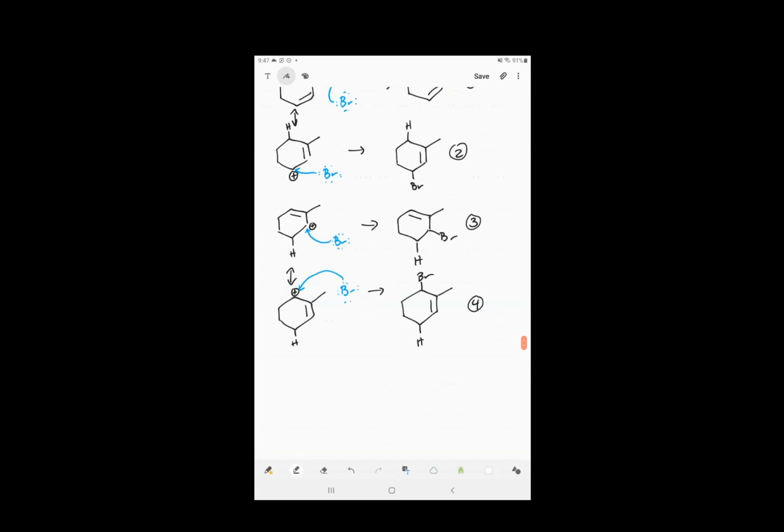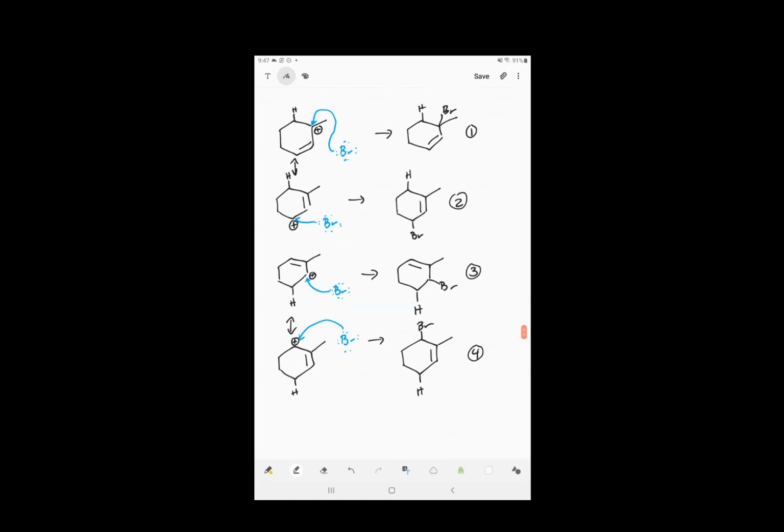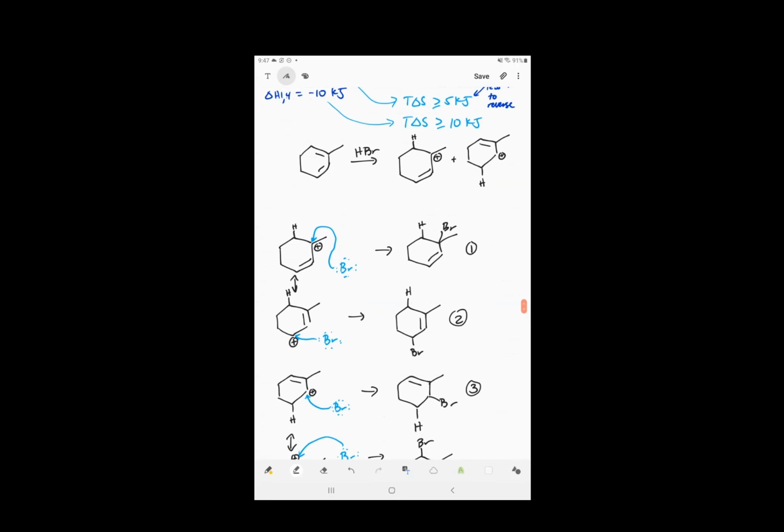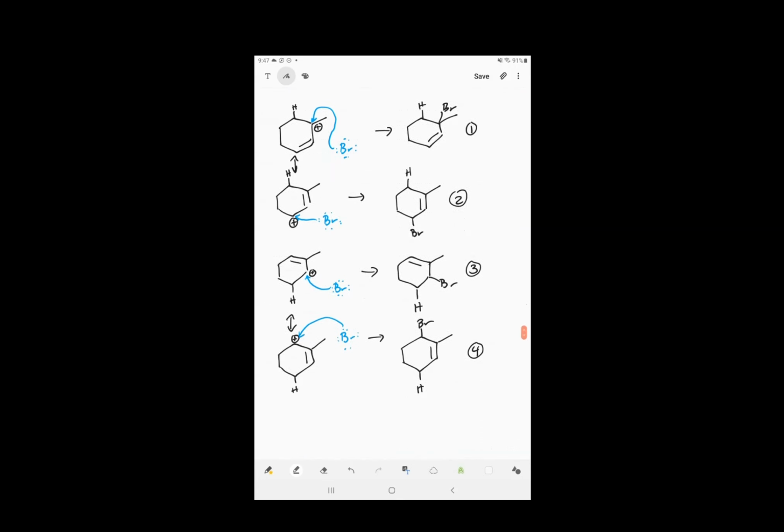Will this give me all 4 at once? Yes. So, looking at these then, we've got 4 potential products out of this. We formed 2, we could break either double bond to make 2 different intermediates. Each intermediate can resonate, and we're going to see we end up with 4 products.